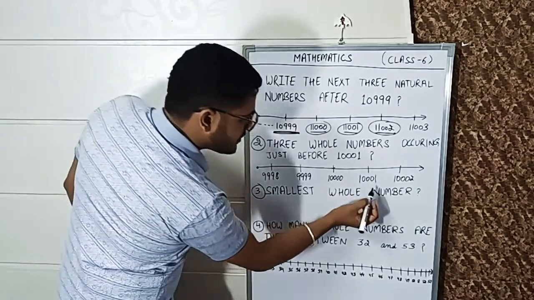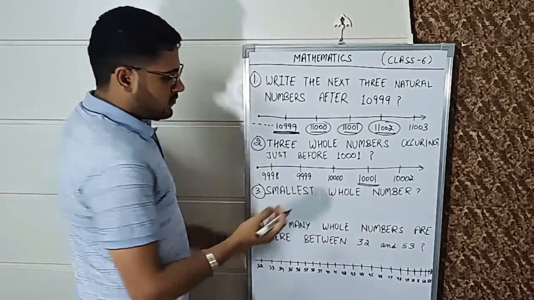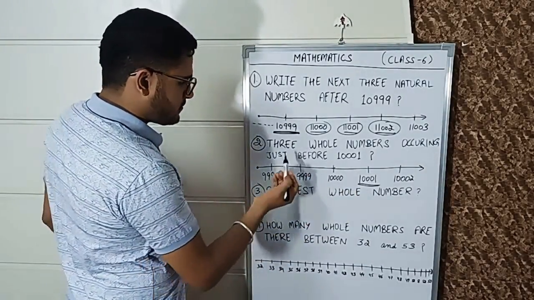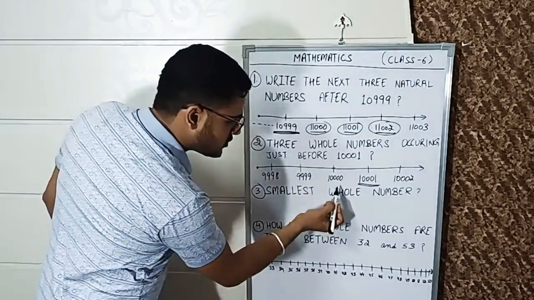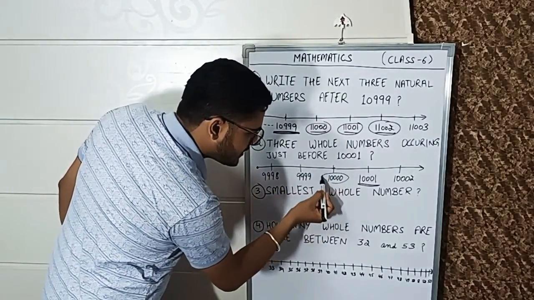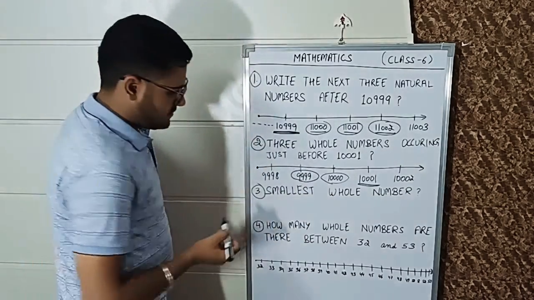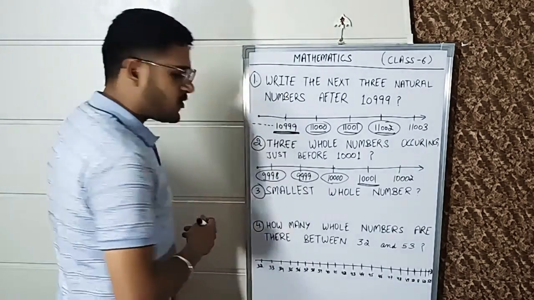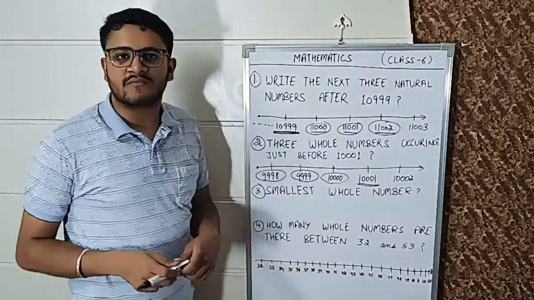This number is 10,001. We need the previous three numbers that come before 10,001. So they will be 10,000, 9,999 and 9,998.